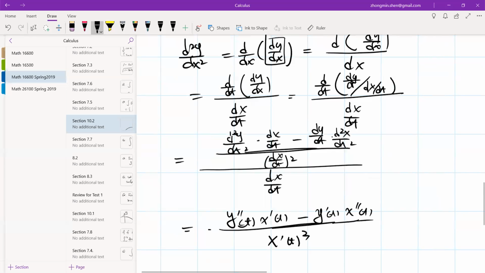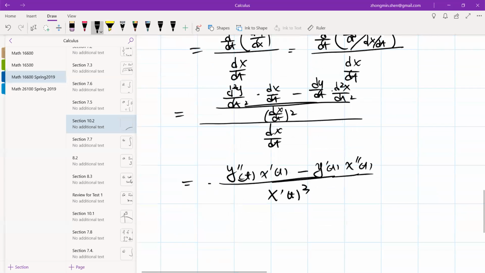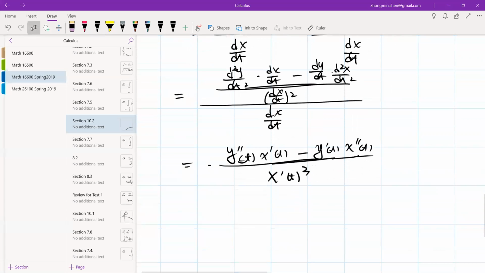You will get something like that. That was for the second derivative. Okay, so that's it. This shows you how to find the second derivative.